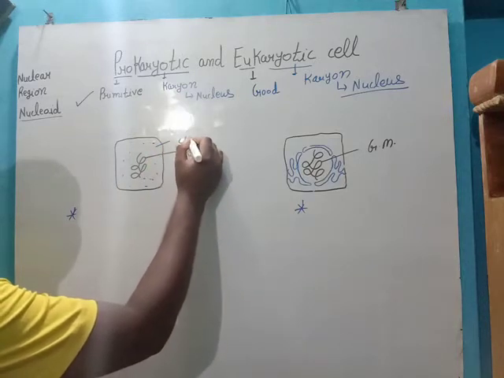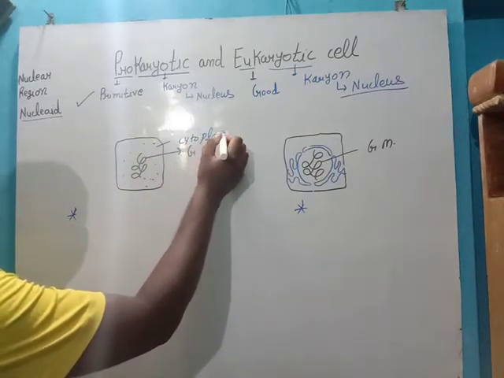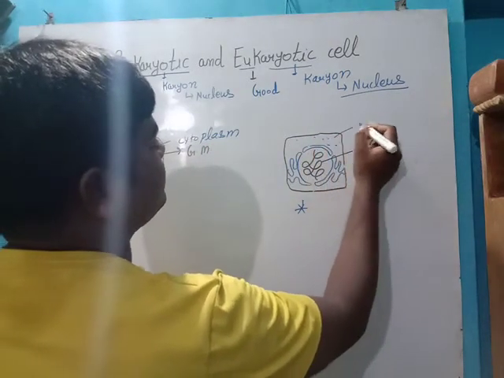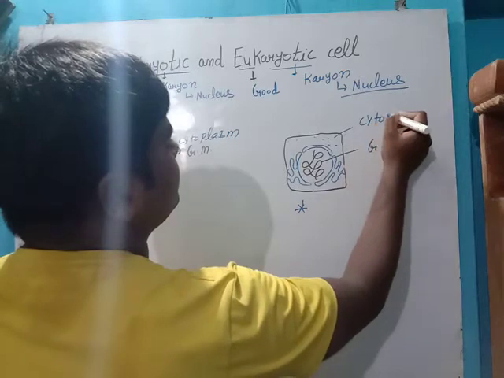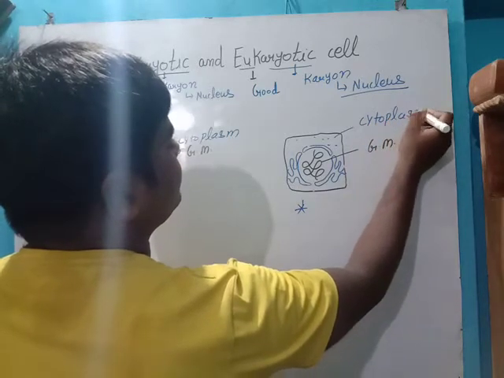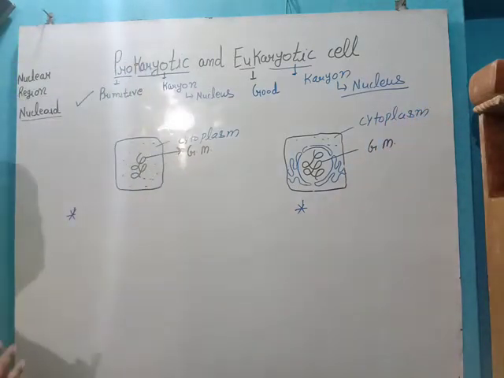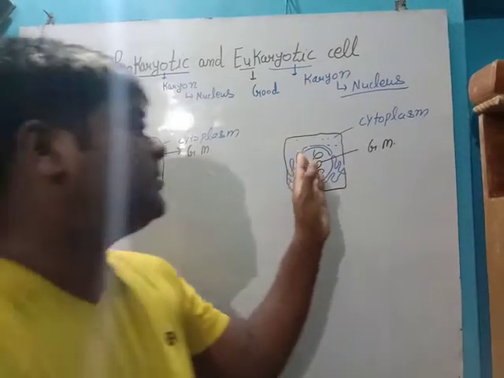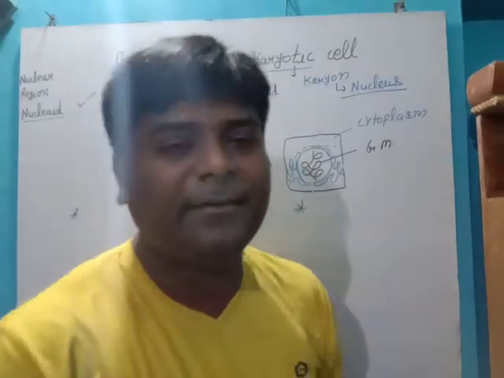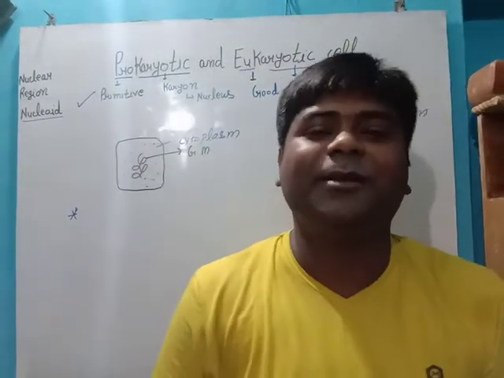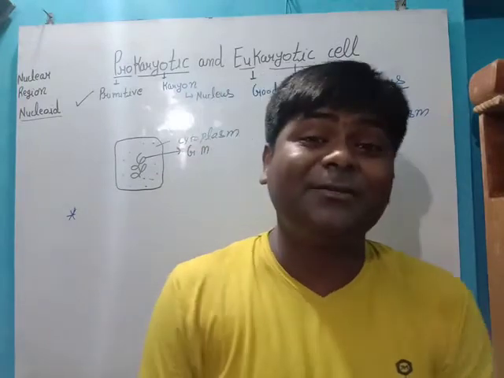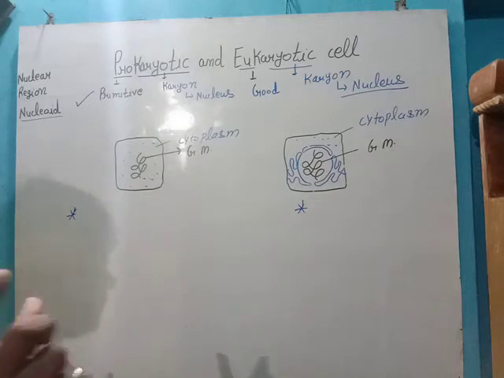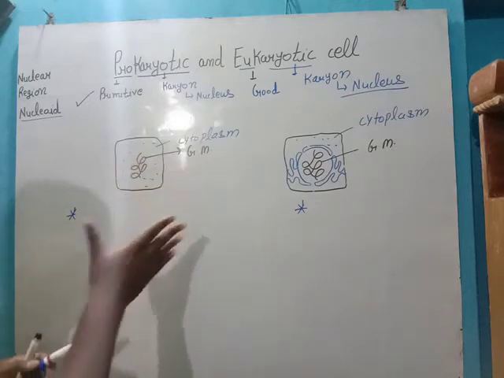In eukaryotes, genetic material is not directly connected to the cytoplasm. There is a separation due to the nuclear membrane. And there is one very interesting point.